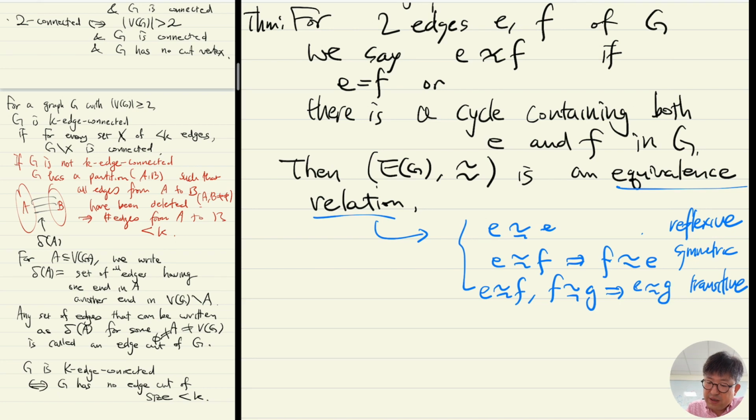So we need to prove these three properties, and the first is trivial by definition, and the second one is trivial. So what's left is to prove the last one. If there's a cycle containing E and F, and there's a cycle containing F and G, we want to prove that there's a cycle containing E and G.